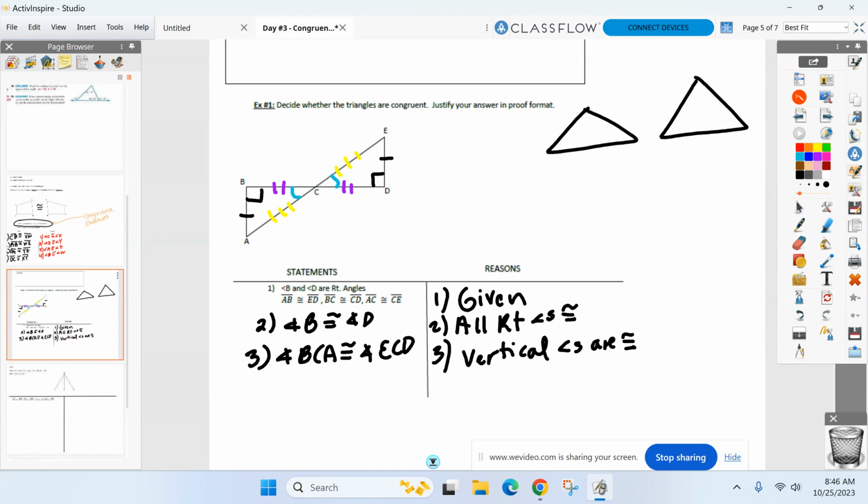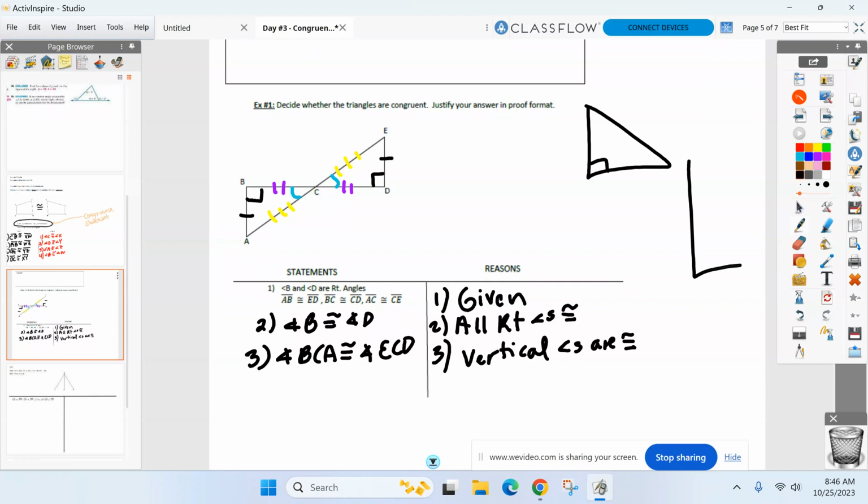How many degrees in each of these triangles? 180. Everyone agrees? Let me do a right triangle instead. 90, 90, 20, 20. You guys just said they have to add up to what? 180, right? Don't both of these angles have to be the same?